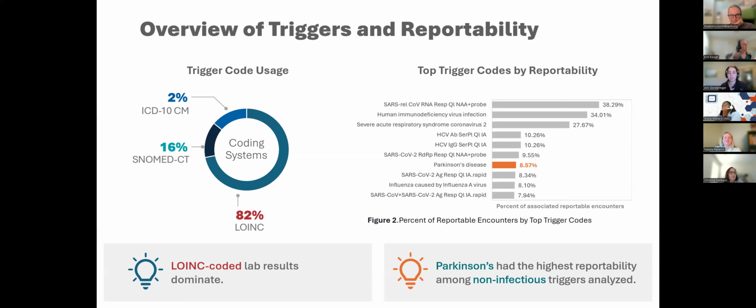The top one is a SARS RNA, essentially a COVID RNA test. About 38% of the time it met the reporting criteria for COVID. As you'll notice, most of these are infectious diseases, which isn't that surprising, but we do see that Parkinson's is one of our non-infectious diseases, and RCKMS does actually have about an 8.5% match rate, which is pretty cool. Next slide, please.